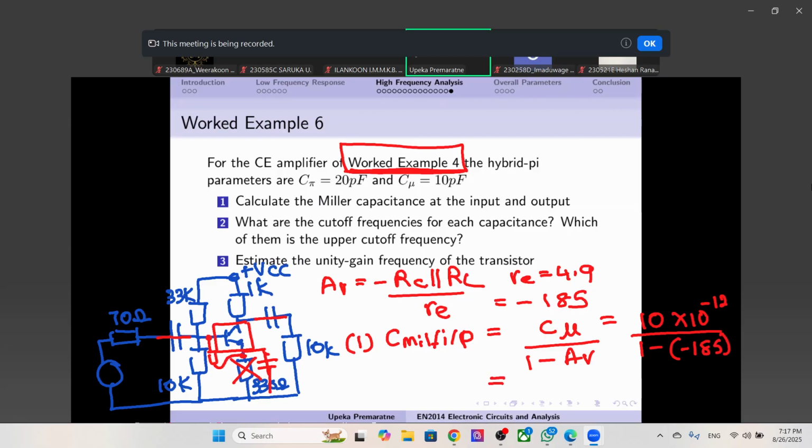The answer we get there is a very low value, which is 5.36 times 10 to the power minus 14 farads or 0.05 picofarads. So it's a very small value.